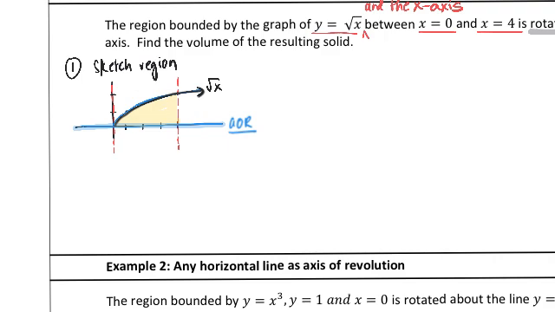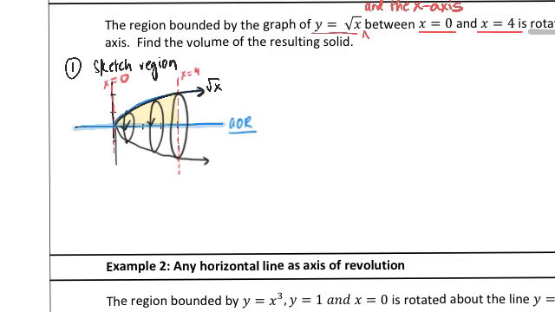The way I like to draw this is to reflect this graph down here, make just a reflection, and then we're going to imagine the rotation. It's coming out and going back in, coming out and going back in, and that keeps happening until this x equals 4 line. That's where we stop our region, right? x equals 0 to x equals 4.